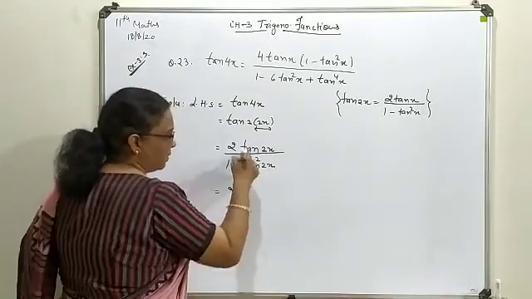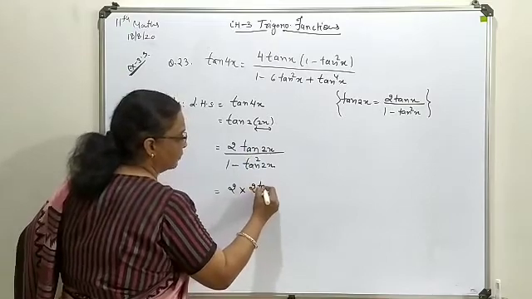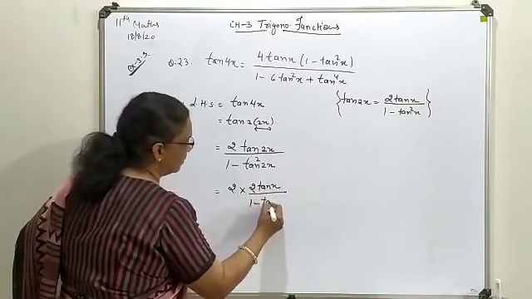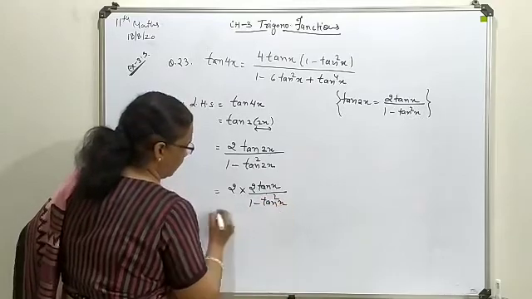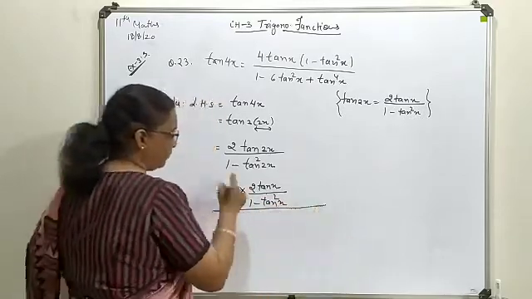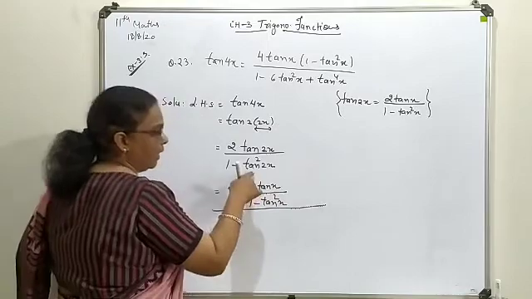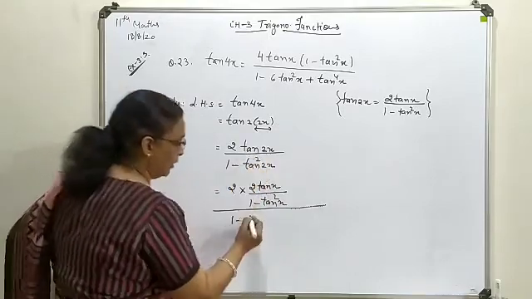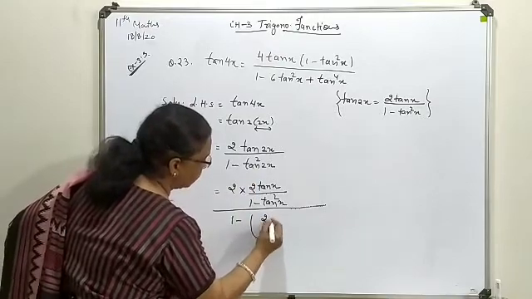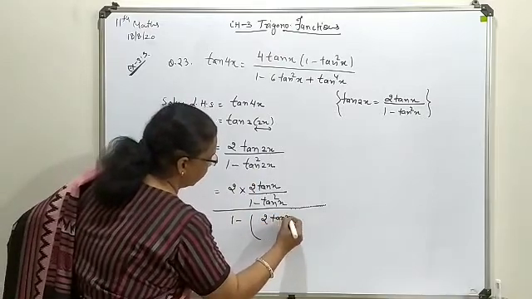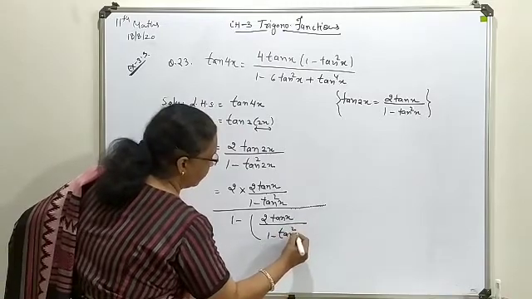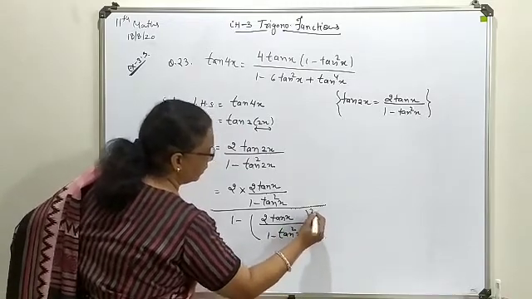Again this will be 2 tan x upon 1 minus tan square x. Now here 1 you write as such, tan 2x whole square means whole square of the whole formula form. So this will be your 2 tan x upon 1 minus tan square x, whole square.